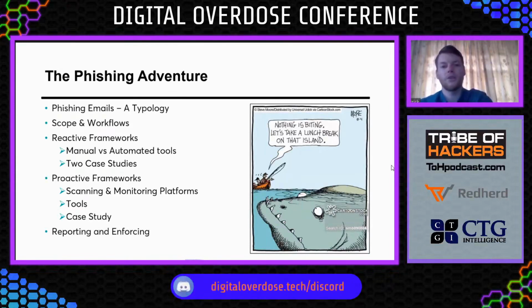This will be in the brand protection area, the workflows I'm using, and thirdly, I will discuss the reactive frameworks, pointing out the manual investigation step by step versus the automated tools I'm using, and also the OSINT community is using.